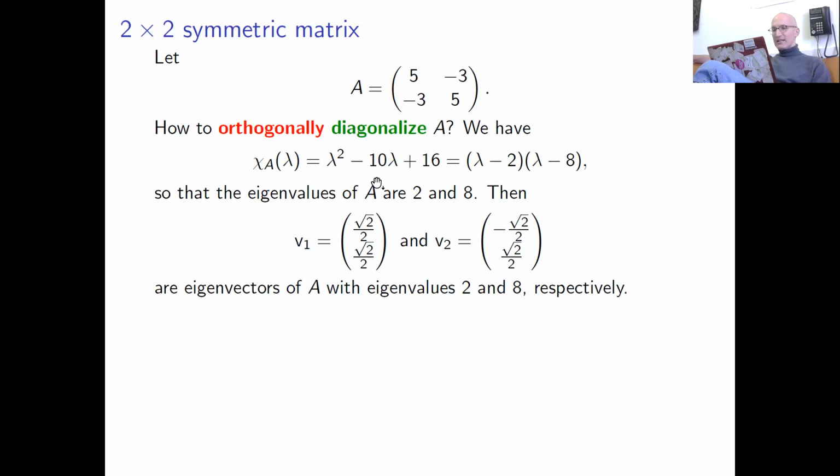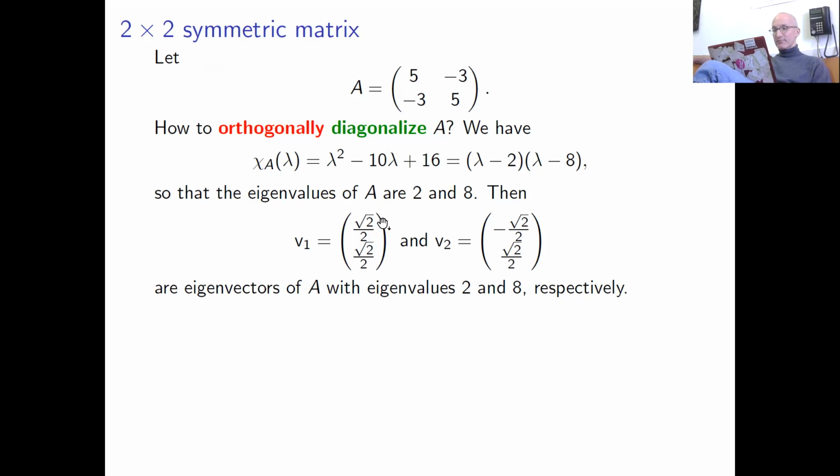So you can take any eigenvector with eigenvalue 2, and any eigenvector with eigenvalue 8, and these two vectors are going to be orthogonal, because these two eigenvalues are different. This follows from the proof of our theorem. Now we only need to scale them to get an orthonormal basis.